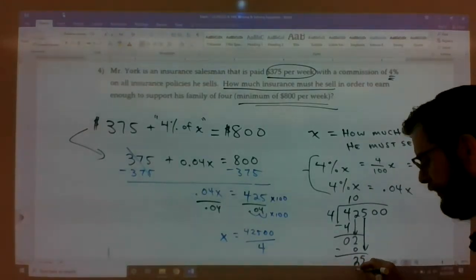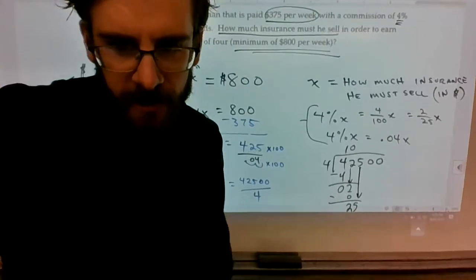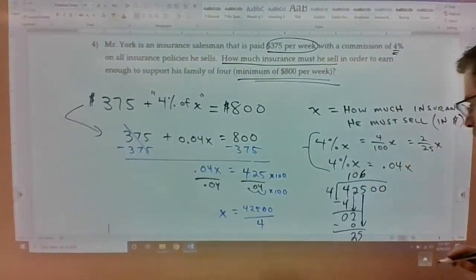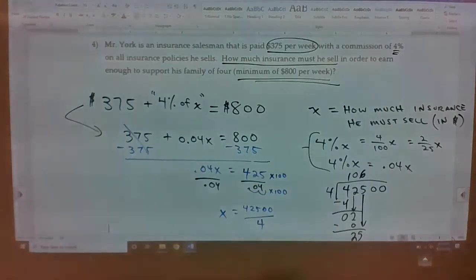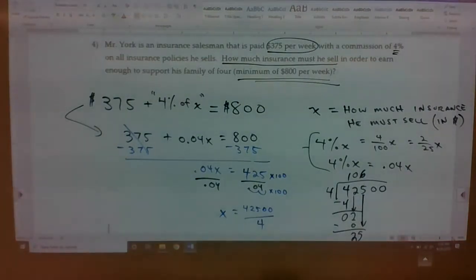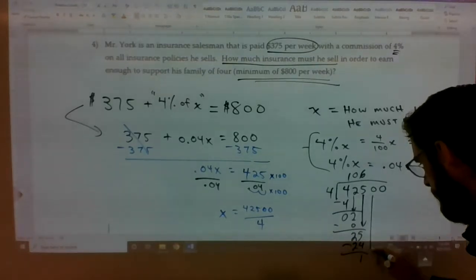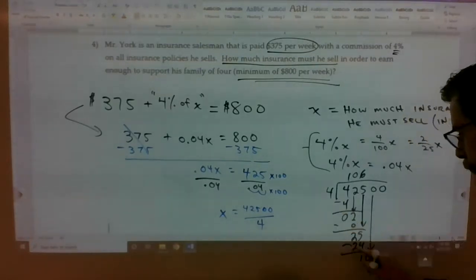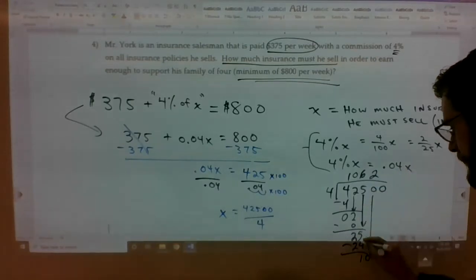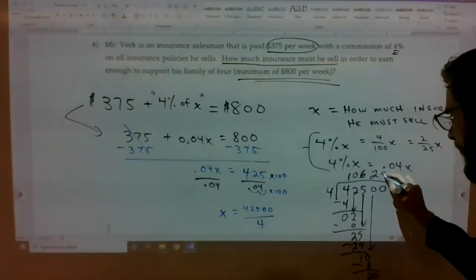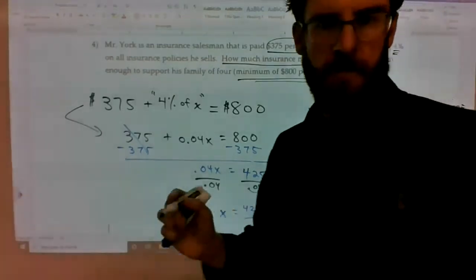Drop the 5. Can you guys still see what's going on down there? Yeah, you can. 4 goes into 25 6 times. And then we got 24 here with a 0. 4 goes into 10 twice, times 8. And it ends up being a 5 at the end.